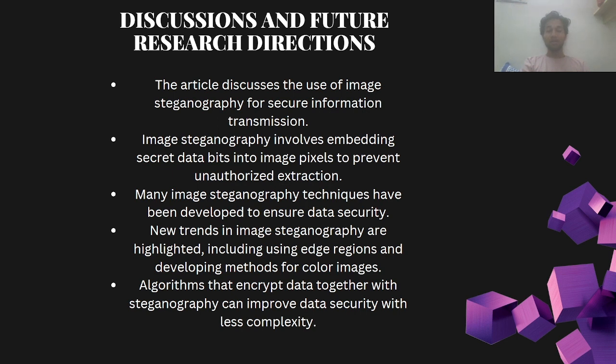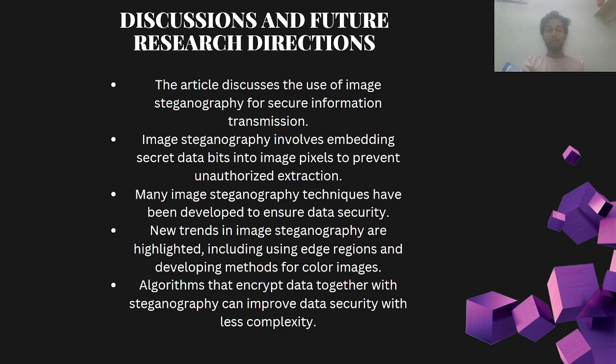For example, using edge regions instead of smooth regions for hiding data can increase the embedding capacity of an image while maintaining good image quality. There is also a need for developing steganographic methods for color images. Algorithms that encrypt data together with steganography can improve data security with less complexity.